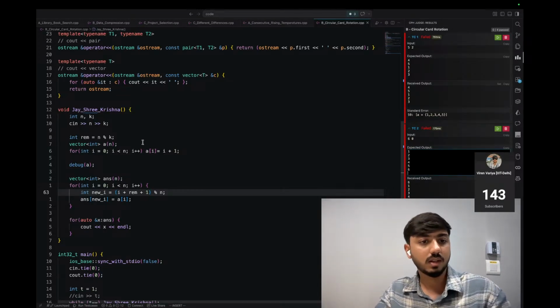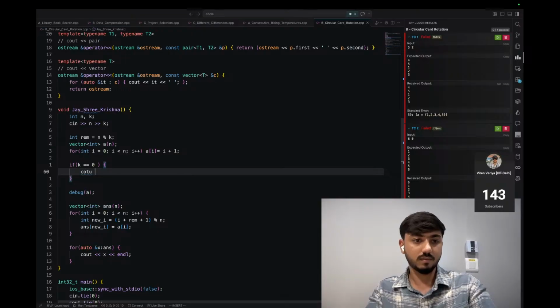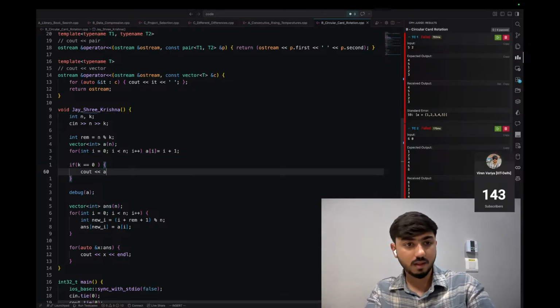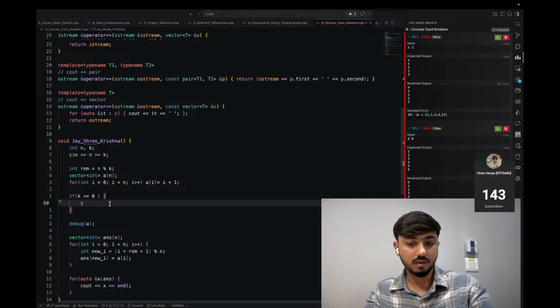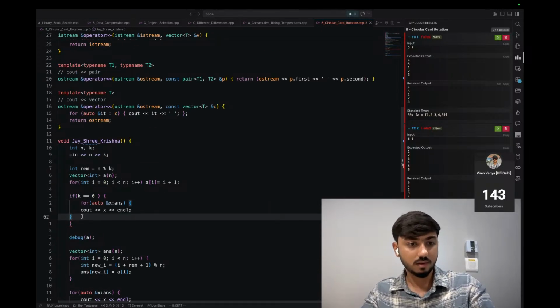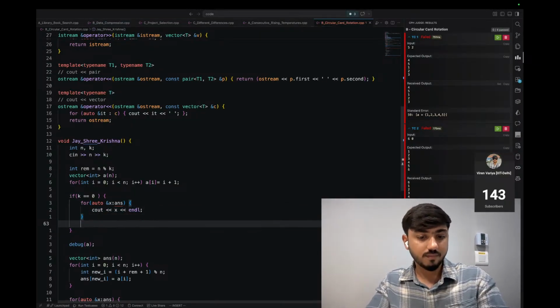Only if k is equal to 0, we don't need to shift. Then we simply print and return.